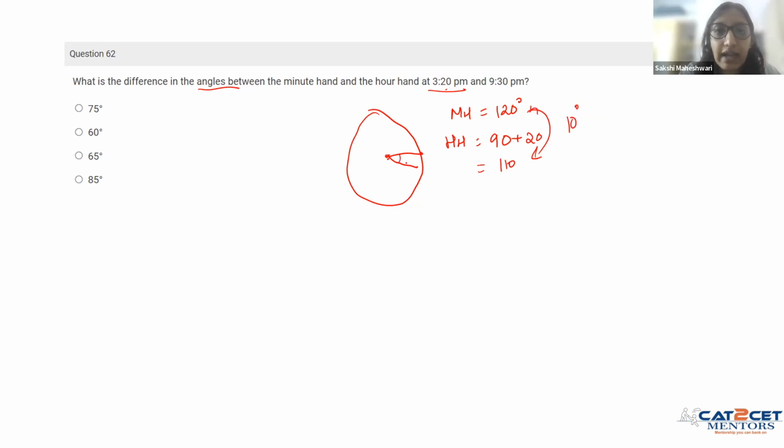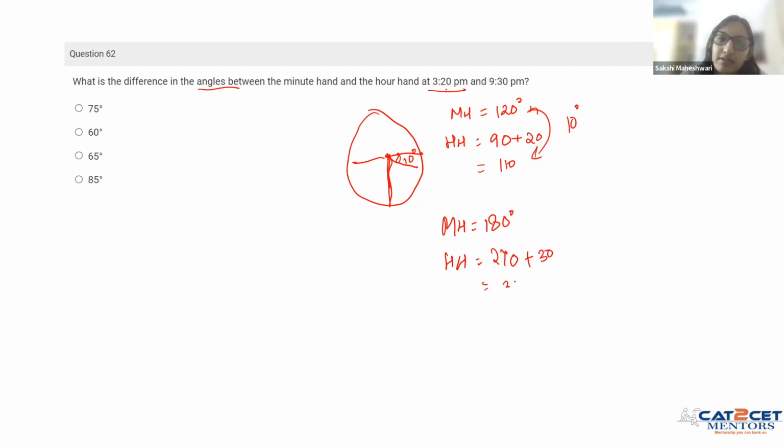So the angle here is 10 degrees at 3:20, and at 9:30 it will be something like this. The minute hand will cover 180 degrees and the hour hand will be 270 plus half of 30.